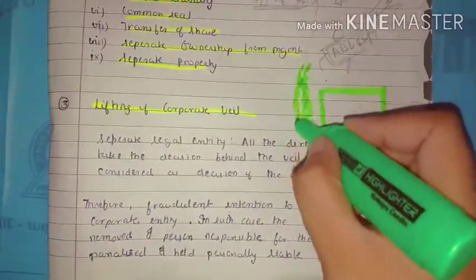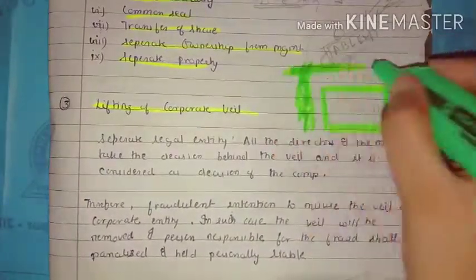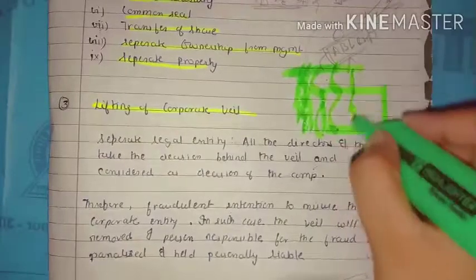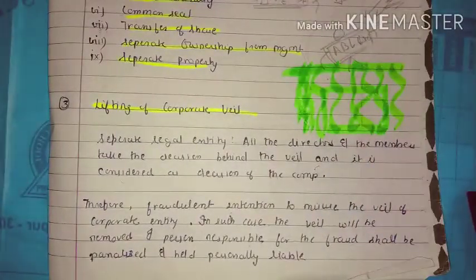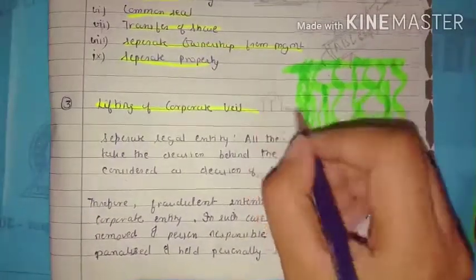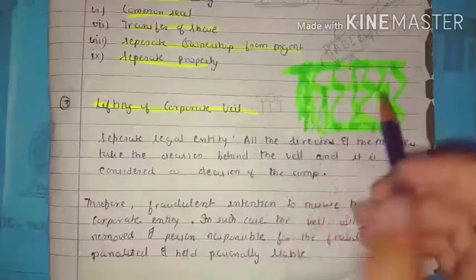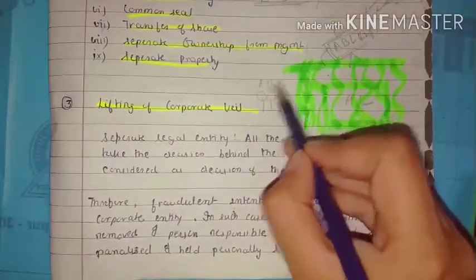Veil means parda, curtain. From this veil, the company and its shareholders or management, whosoever is managing the company, get separated. The company is a separate person and its management is a separate person.